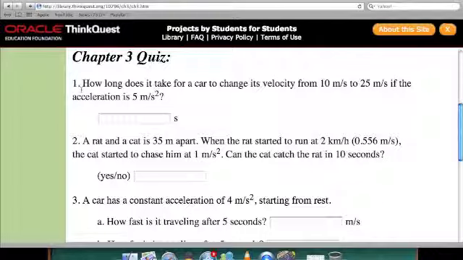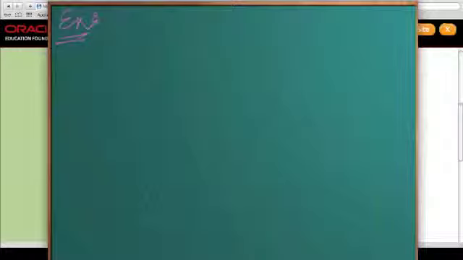So the first question, how long does it take for a car to change its velocity from 10 meters per second to 25 meters per second if the acceleration is 5 meters per second square? So our first question, we have our data. It's always a good habit to make the data.